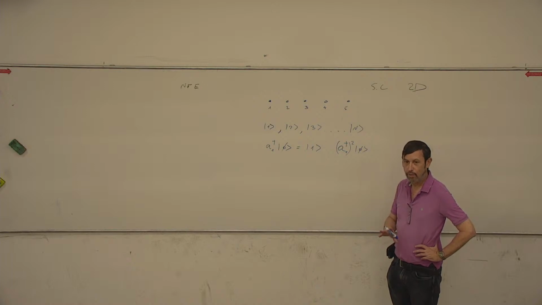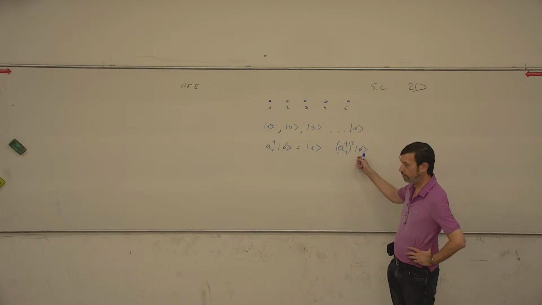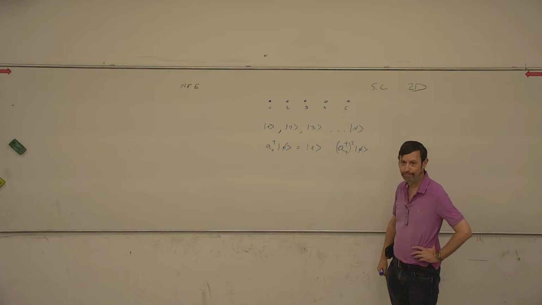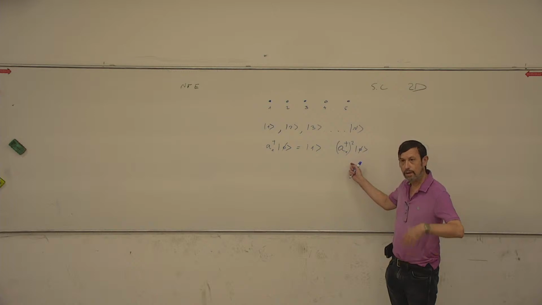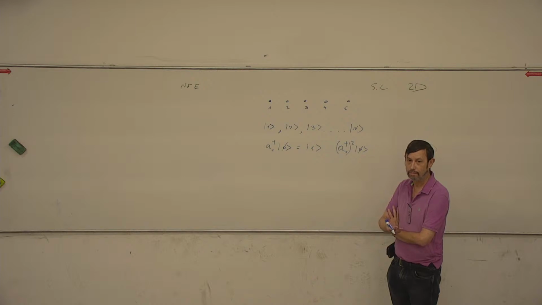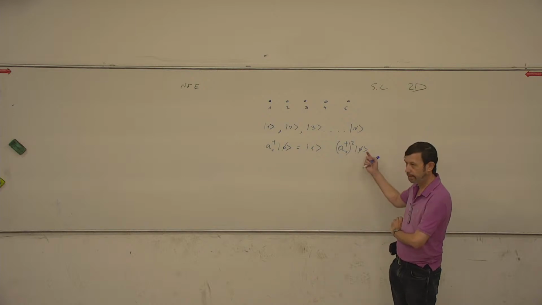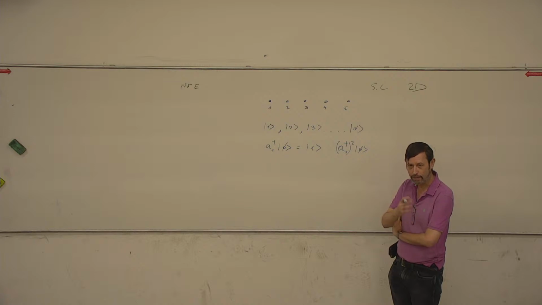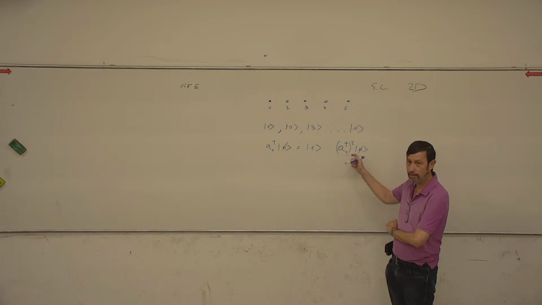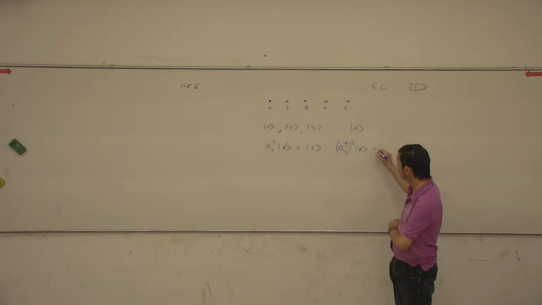In this case, no. Why? Because of this. If I would have been a boson, no problem. I can create 2 bosons on that state, 3 bosons, infinite bosons. For fermions, no, just 1. I try to create another one. It's not allowed.